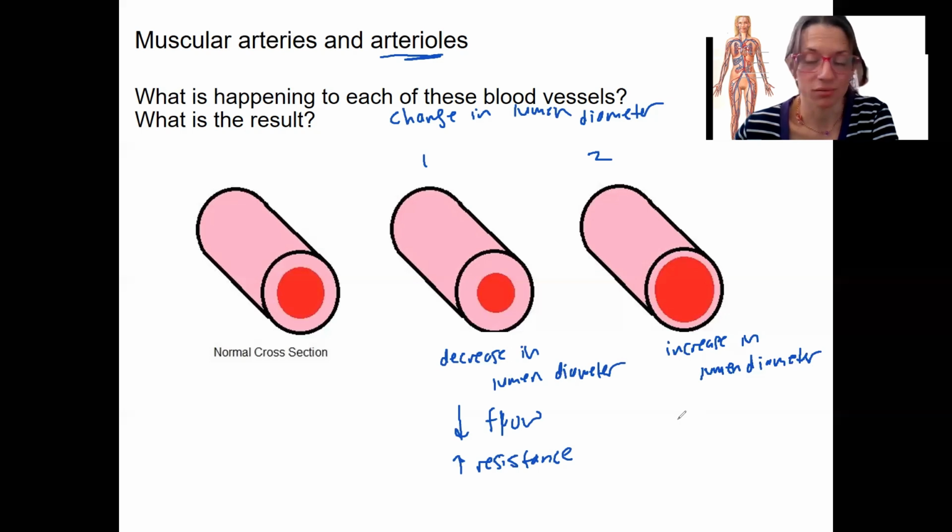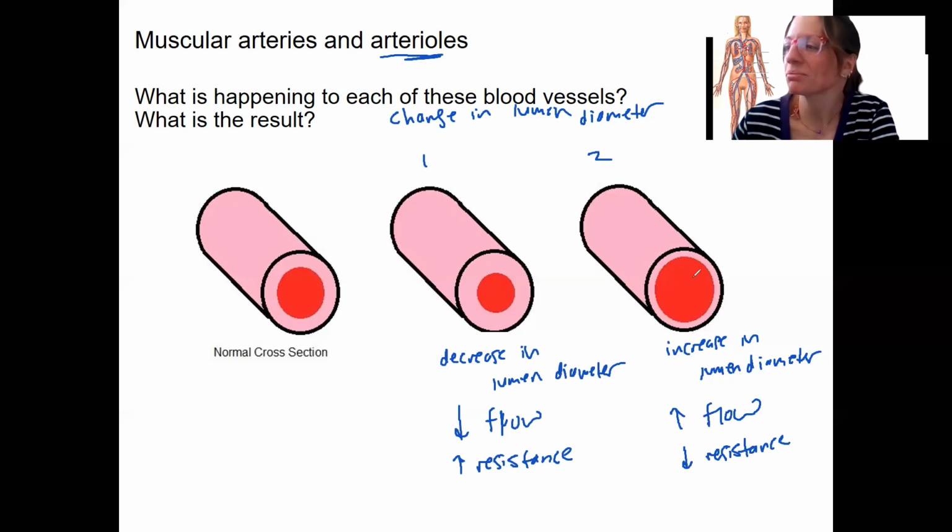If you want to look at the equation, go for it. This one is going to have increased flow because we have decreased resistance. And you don't need the equation, right? You also can see that less blood is going to be in contact with the vessel wall, which is the source of resistance that we're talking about here.